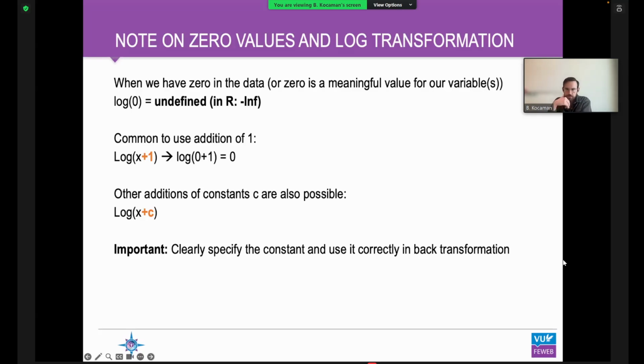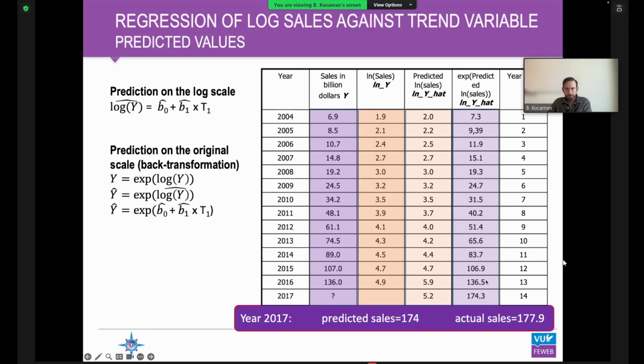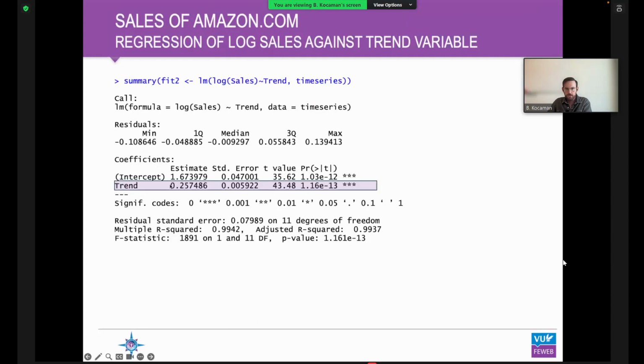Okay, but in the exam, I assume that we will not be able to see the table with all numerical data. So how would we know what the predicted sales are? What do you mean? Once you have this output, you can basically use this coefficient estimate to calculate what the prediction is for the 14th year.